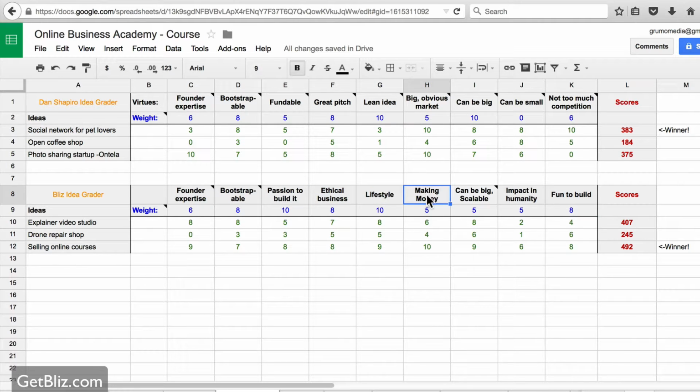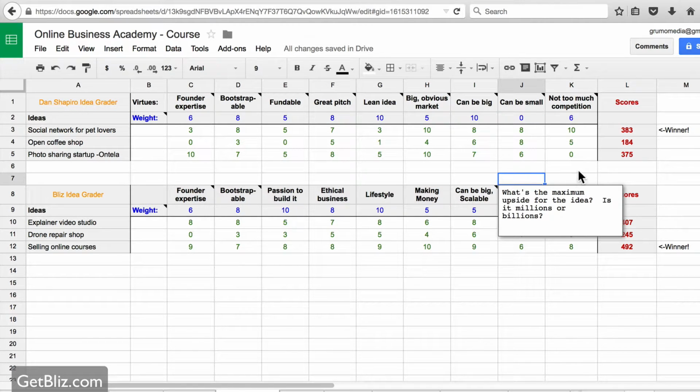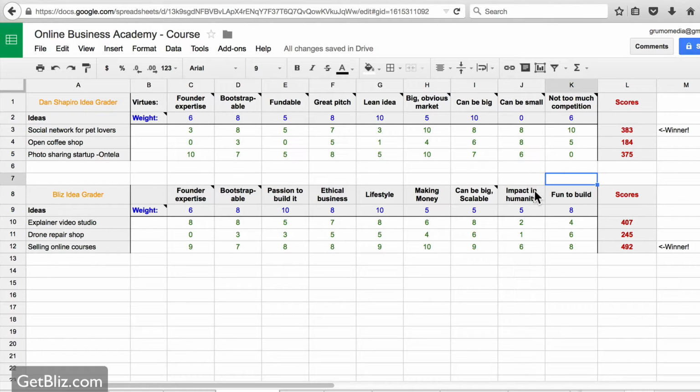How important is it that it makes money? Can it be big and scalable? If that's an important thing for you, you should put it there. How is the impact on humanity going to be for this idea, and is it going to be fun to build?